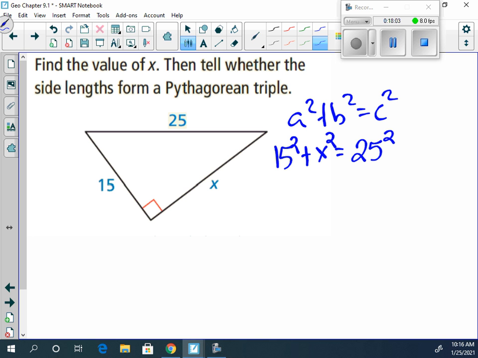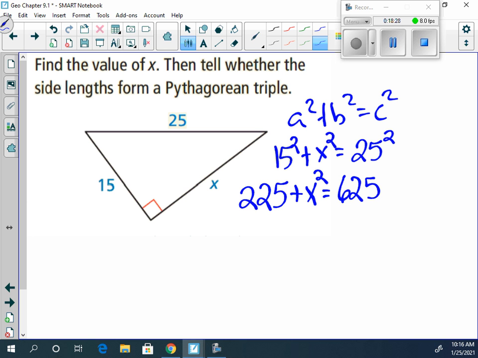We've got to do it individually. So we'll have to do 15 squared, which is 225. I want to say 675. 625 is going to be 25 squared. So we plug those in, 15 squared and 25 squared.